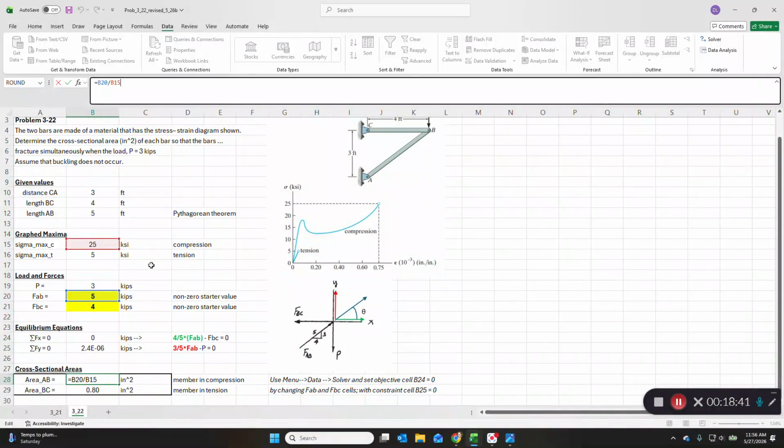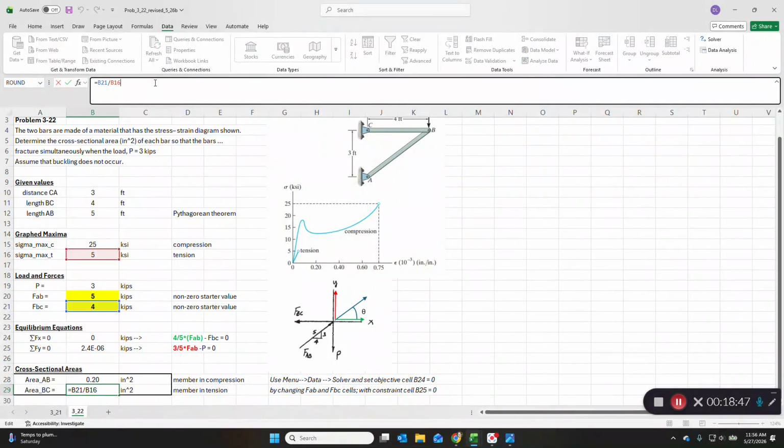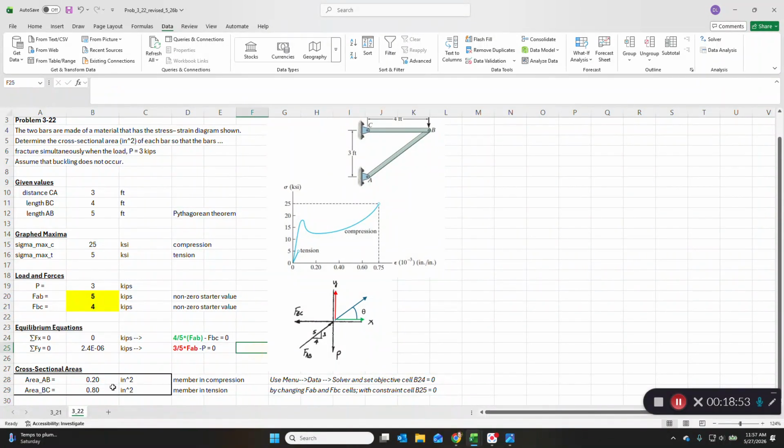So we're taking 5 divided by 25 here, and in this one we're taking 4 divided by 5. So here the member is in compression, so we use the maximum compression stress, 25, and here the member is in tension, so we use the maximum tension stress of 5 ksi, and the problem is solved.